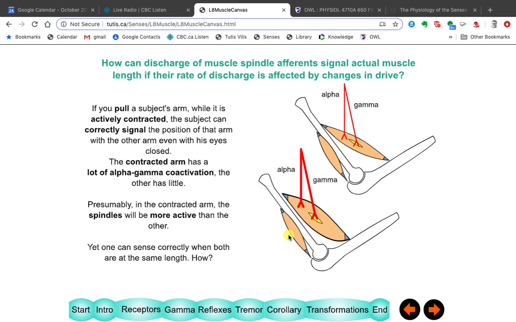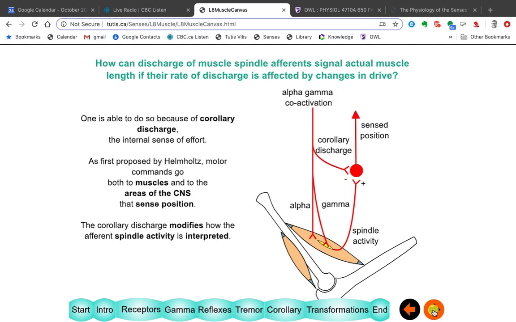Now, how is that? We saw that activating the gamma drive increased the sensitivity. And you'd expect then that this muscle would sense a different position when it's contracted versus when it's relaxed.